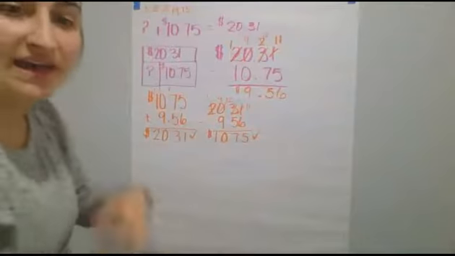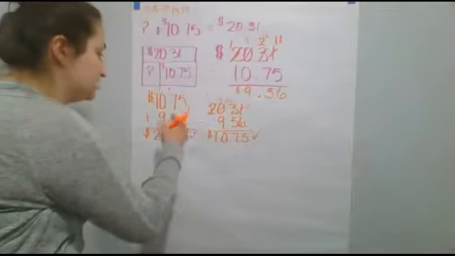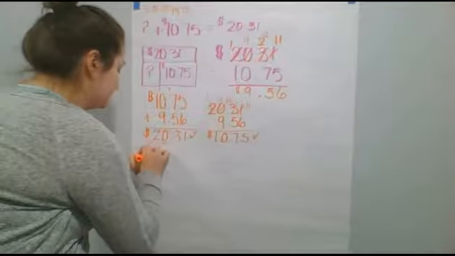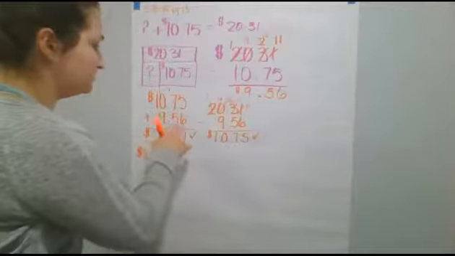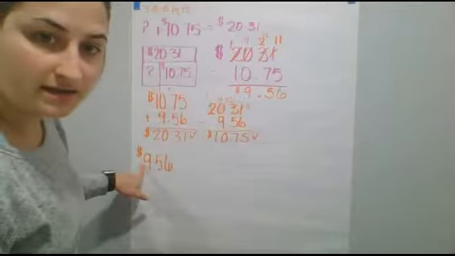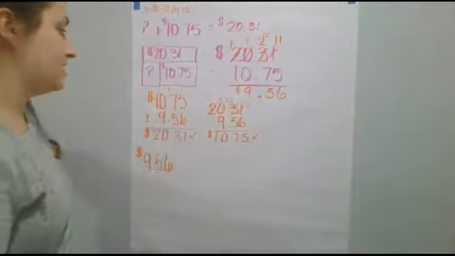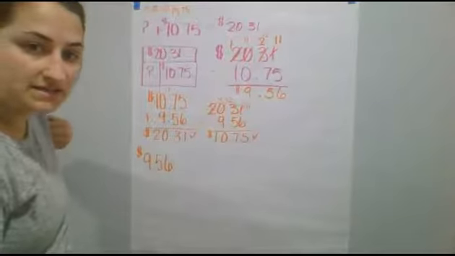So the amount of money that Jada started with is going to be $9.56. And that dollar sign is my unit. Then I can use any of my number sentences as my equation.